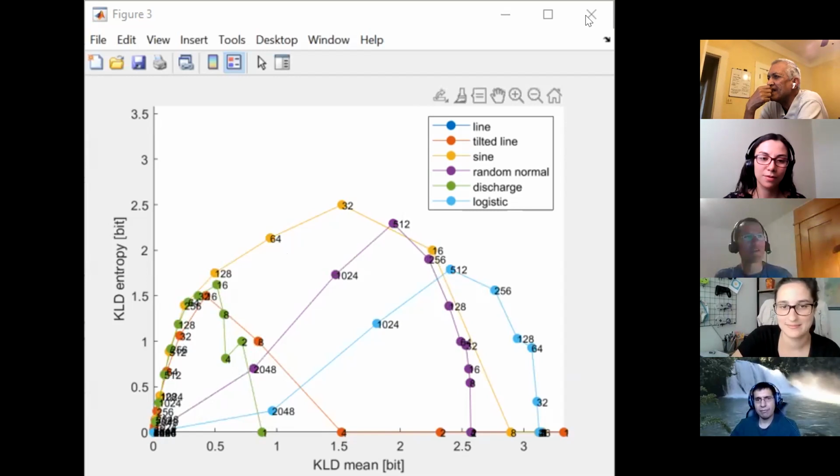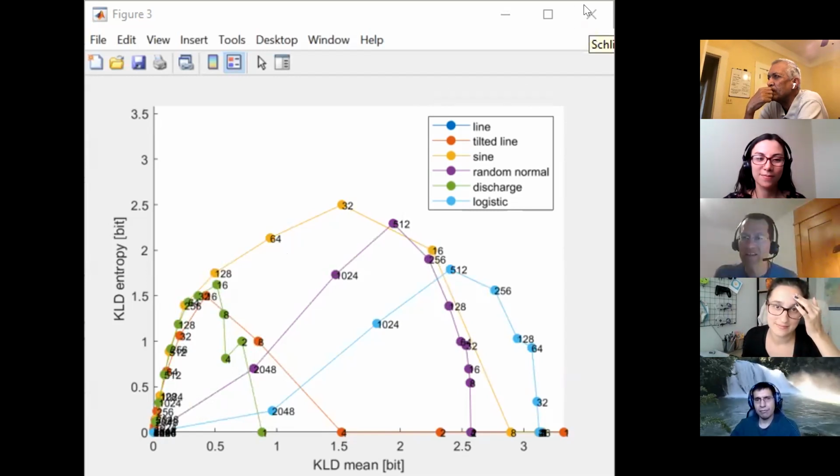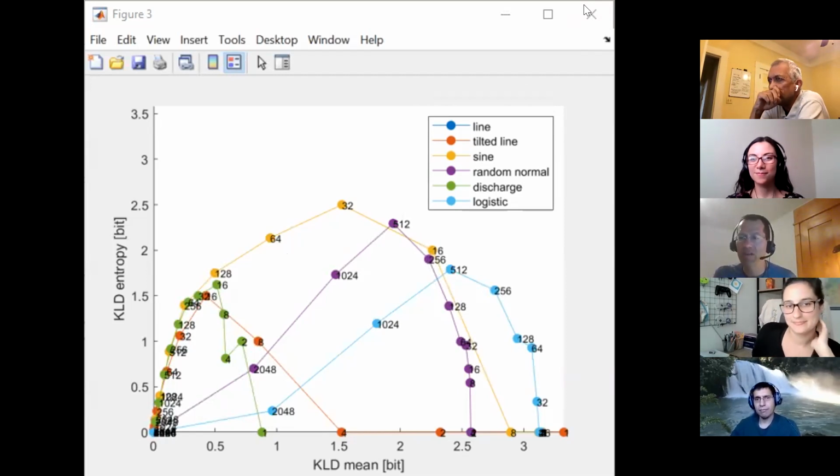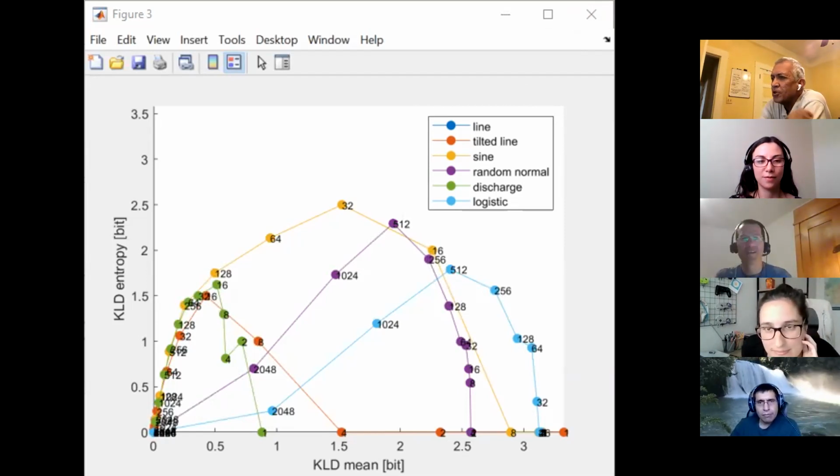So there is the possibility to distinguish different types of complex behavior, just to give you on the way home. So you're closer to a tilted line, which sort of makes sense in a way. So, rather simple thing.